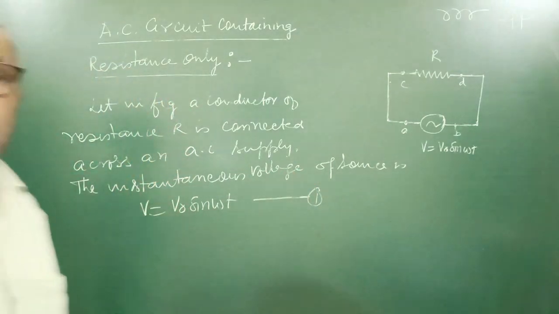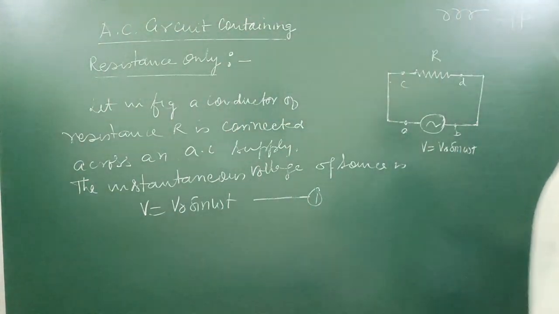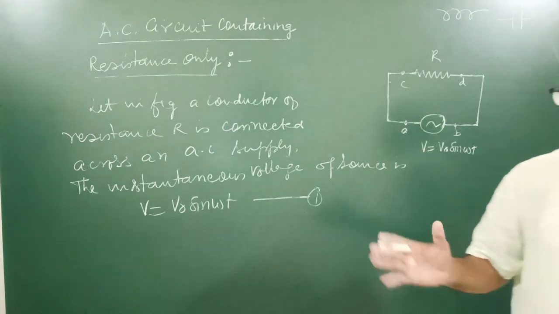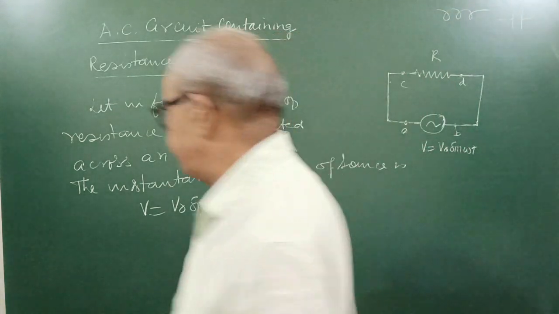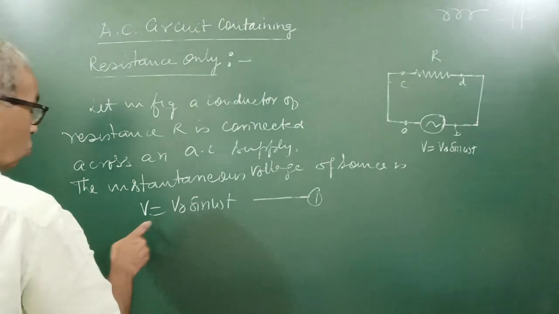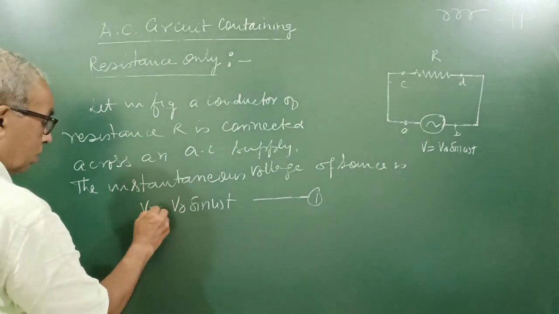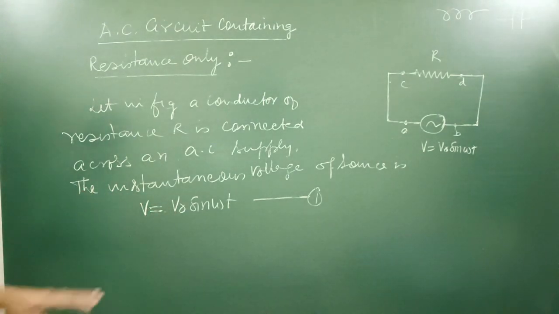I am going to explain something which you can't imagine, the type of thing we have to learn. V equal to V0 sine omega t. It is a time varying voltage, periodically varying, as I told you.